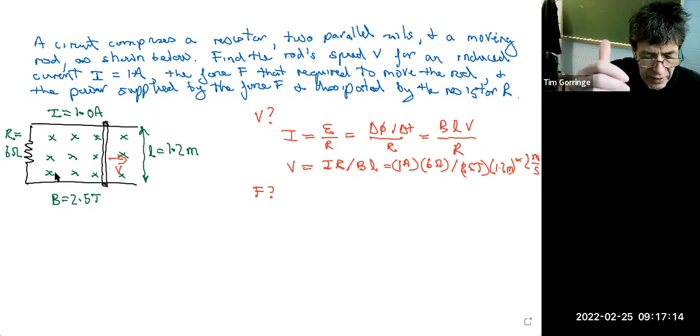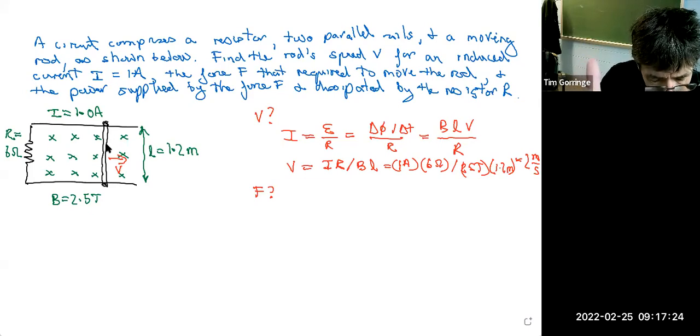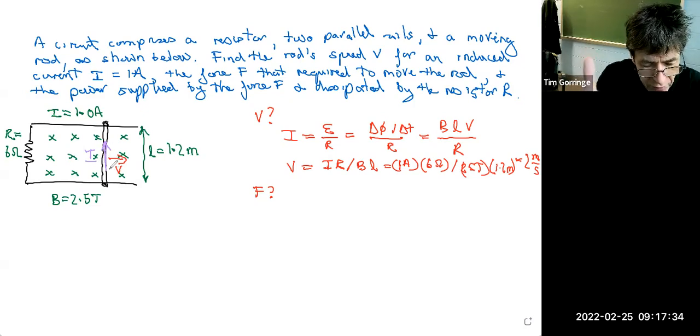It says if we point our thumb in the direction of the field that we want, which is out of the screen, then our fingers will curl in the direction of the current. And my fingers of my right hand are curling counterclockwise. So the current is flowing upwards on this moving rod.